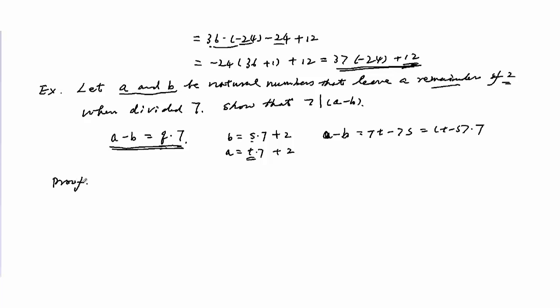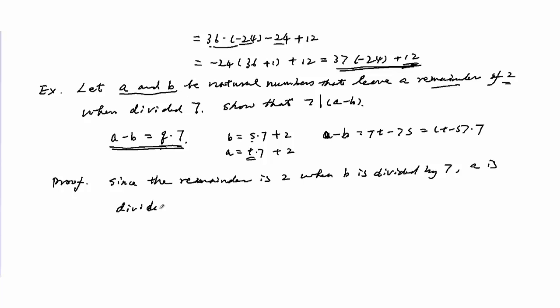So, proof. Since the remainder is 2 when B is divided by 7, and similarly A is divided by 7, there exist integers s and t such that B equals s times 7 plus 2 and A equals t times 7 plus 2.